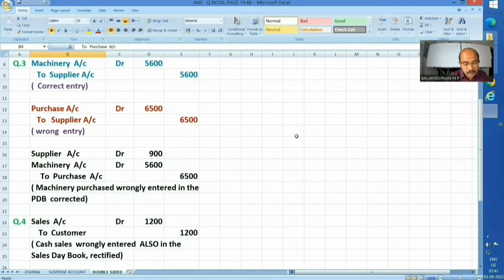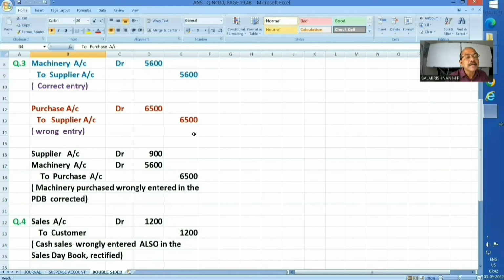So you have unnecessarily entered in the purchase book, which means the rectification will be purchase account debit to supplier account 6,500. Okay. This is the amount you have entered in your purchase day book.